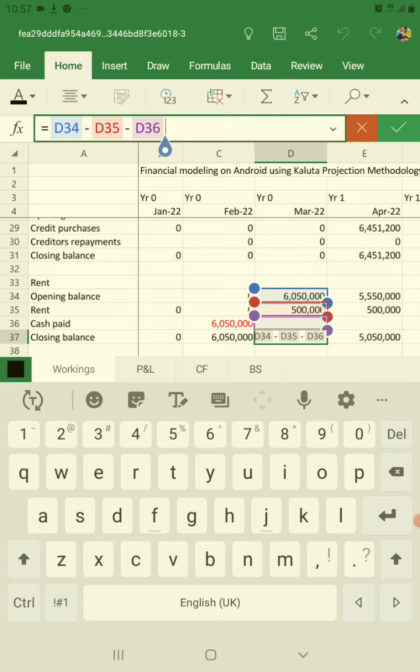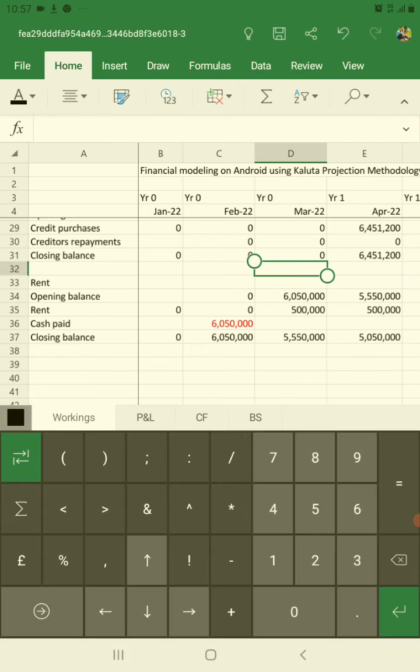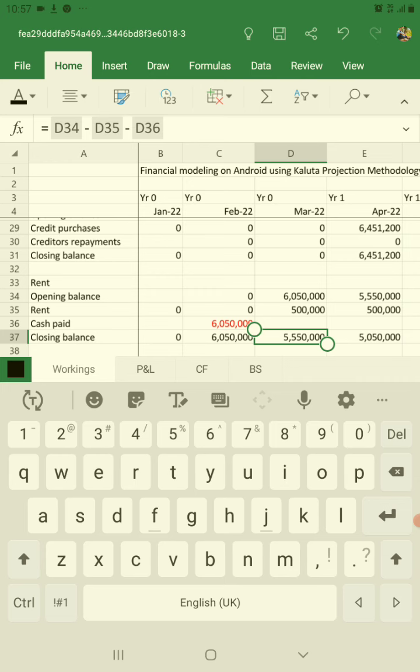In this case, there is no advance cash paid, so the closing balance now becomes advance rental payment that is not yet expensed. So that is the logic of using the formula that has derived closing balance for rental payment.